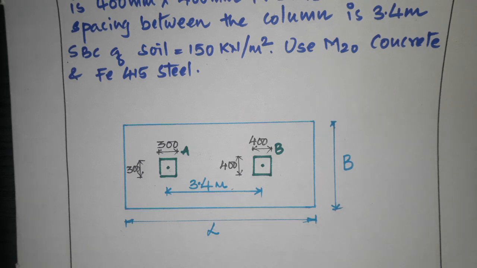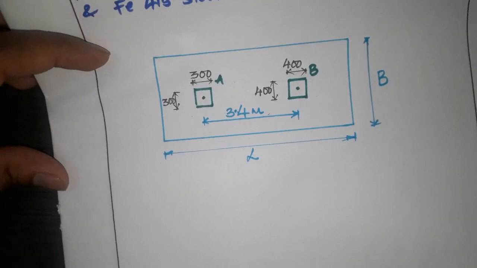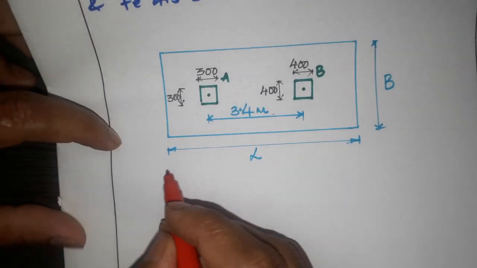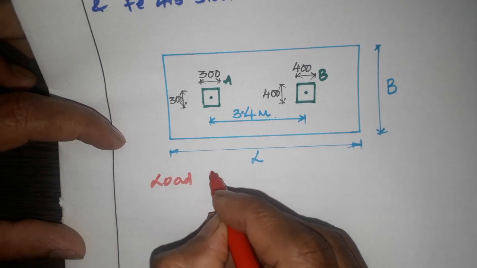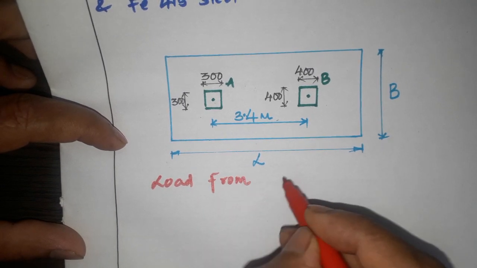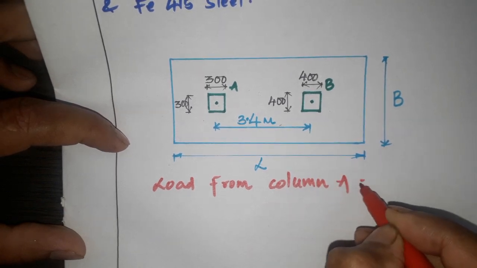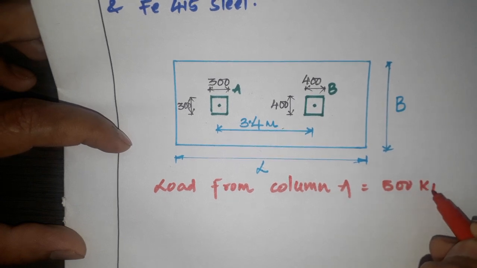First we'll note down the given data in the given statement. First of all, load from column A is given as 500 kilonewton.